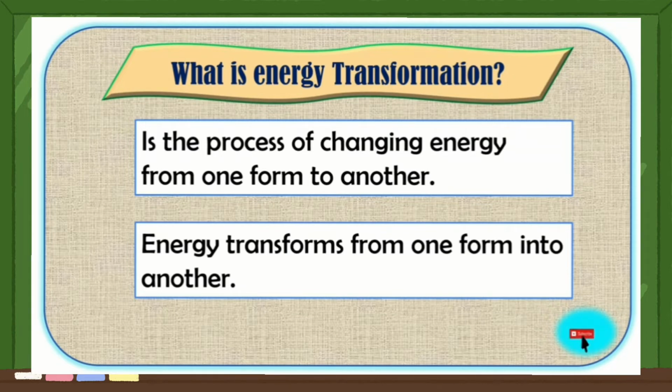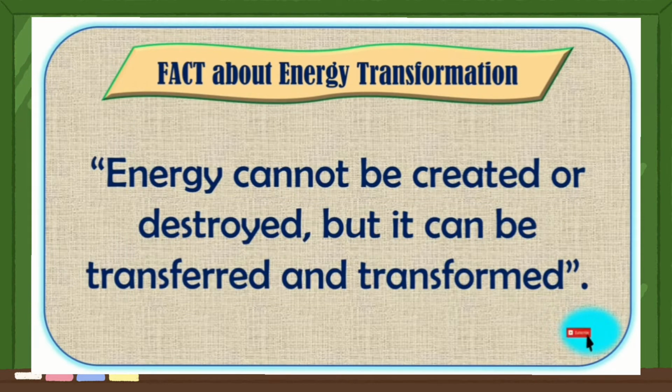So energy transforms from one form into another because energy cannot be created or destroyed, but it can be transferred and transformed. So we cannot destroy it or we cannot create it.